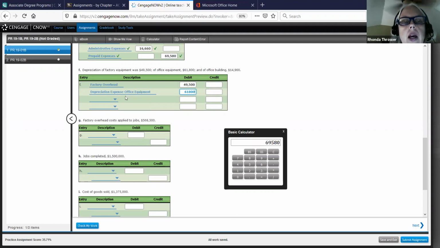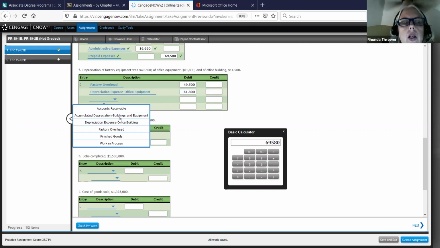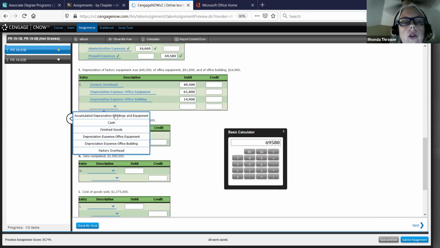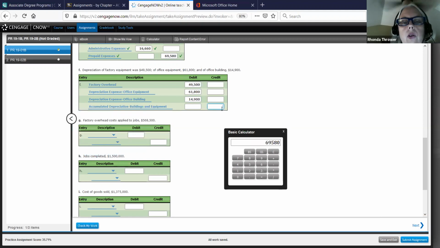But the better item is the one that's more clearly related to the account title. Depreciation expense on the office building was $14,900. And then we would credit accumulated depreciation on the buildings and the equipment for the total amount.